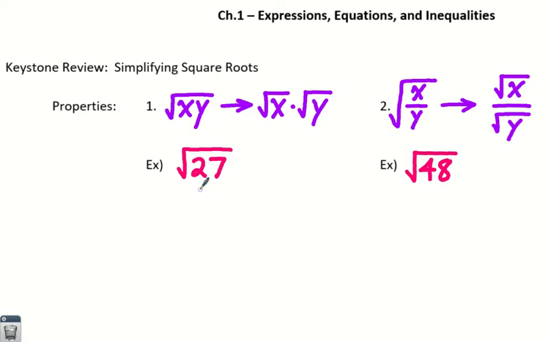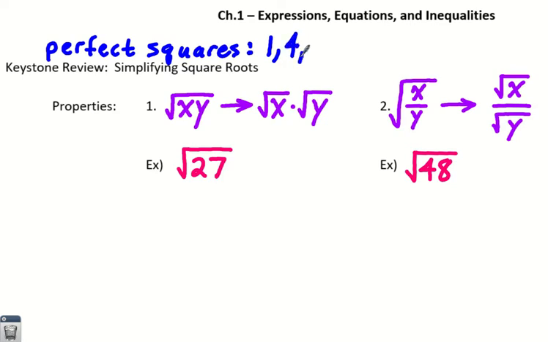And remember that the perfect squares include numbers like 1, but that doesn't really count in what we're doing right now. 4 is a perfect square, 9 is a perfect square, 16 is a perfect square, 25, 36, and so on and so forth.